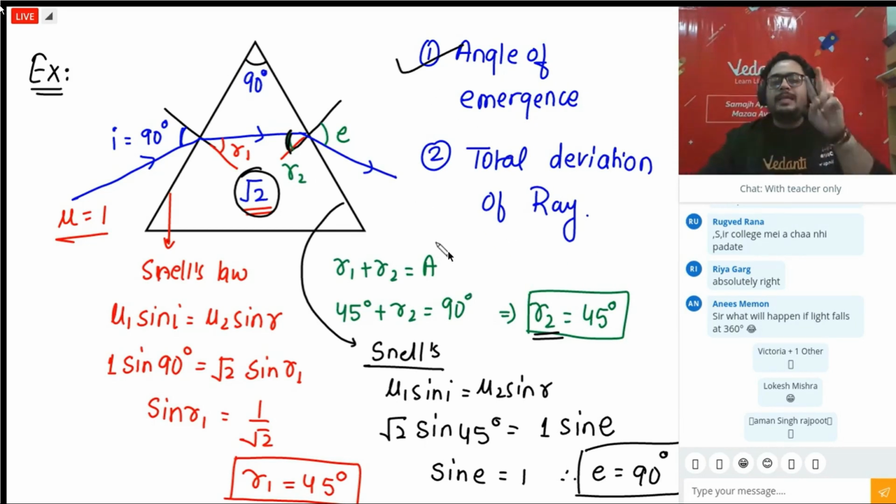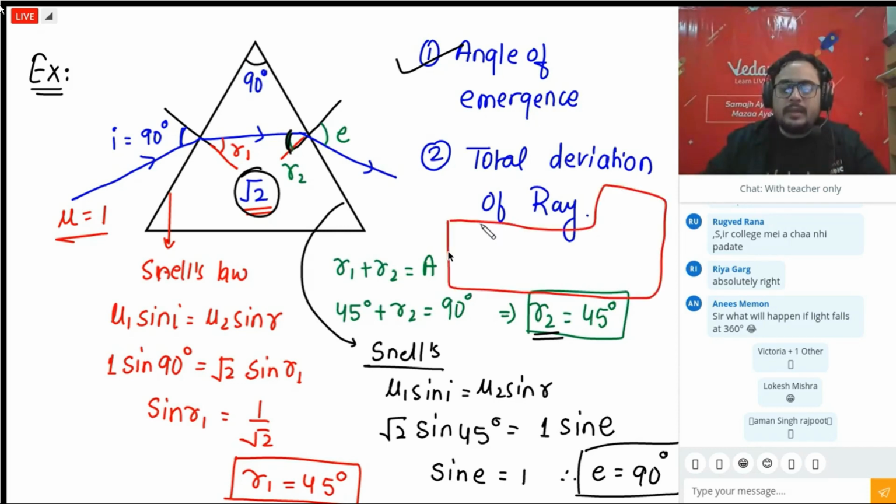Second part, total angle of deviation. It is purely formula based. Total deviation I can say, where will I write it? No place to write. Okay. We will write in this much space. Yes. Delta total formula is I plus E minus A. I is 90 degree.